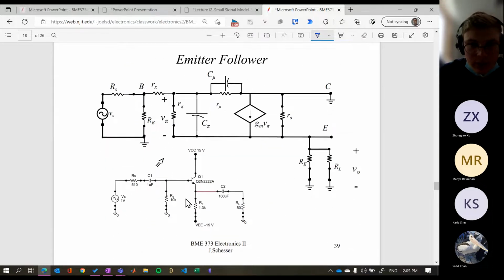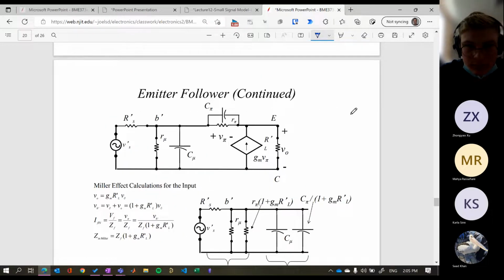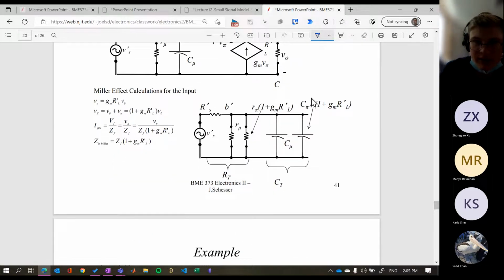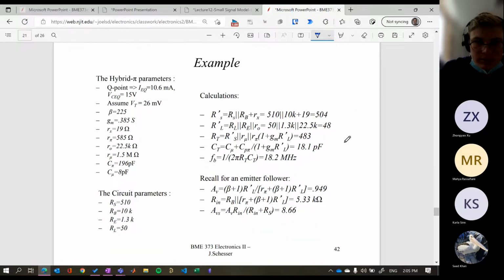So we might be able to have a look at this one. More Miller's effect calculations. That's exactly what we want to see. 1 plus that. Okay.